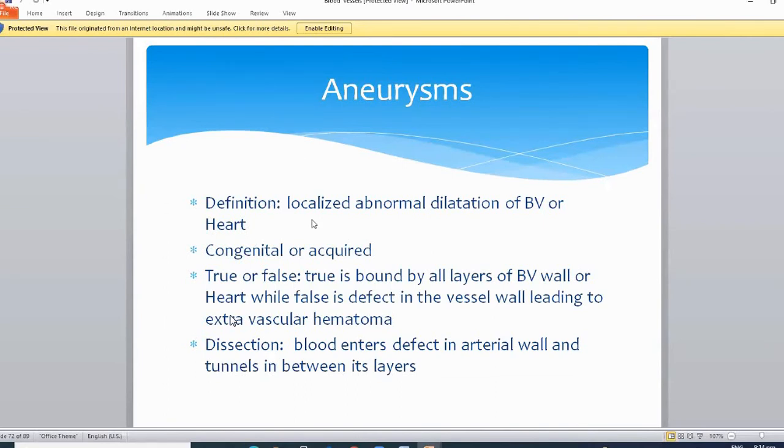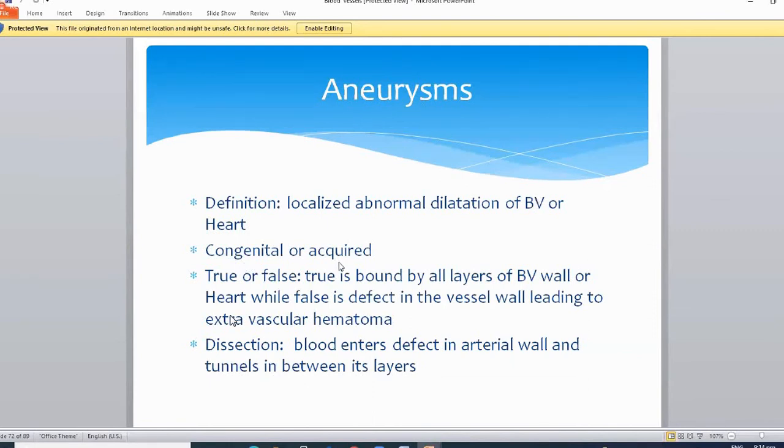Aneurysms are basically defined as localized abnormal dilatation of the blood vessels, or rarely the heart. So this phenomenon of localized, abnormally dilated vessels is called an aneurysm.